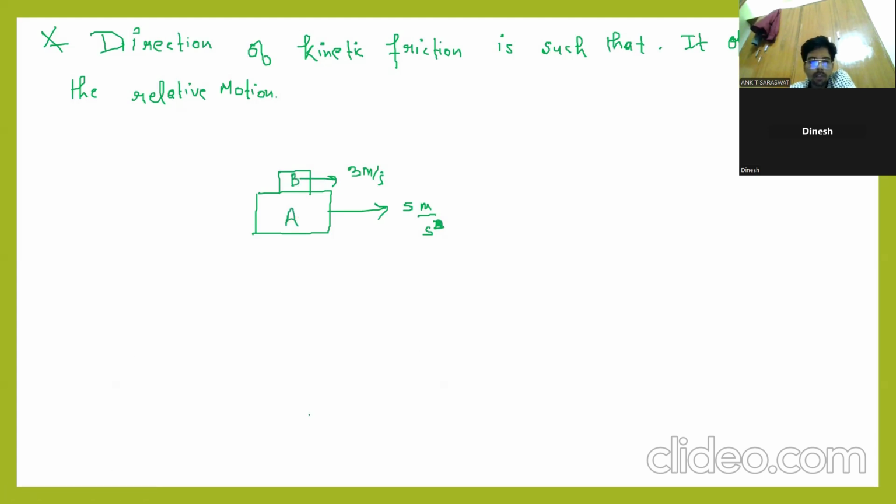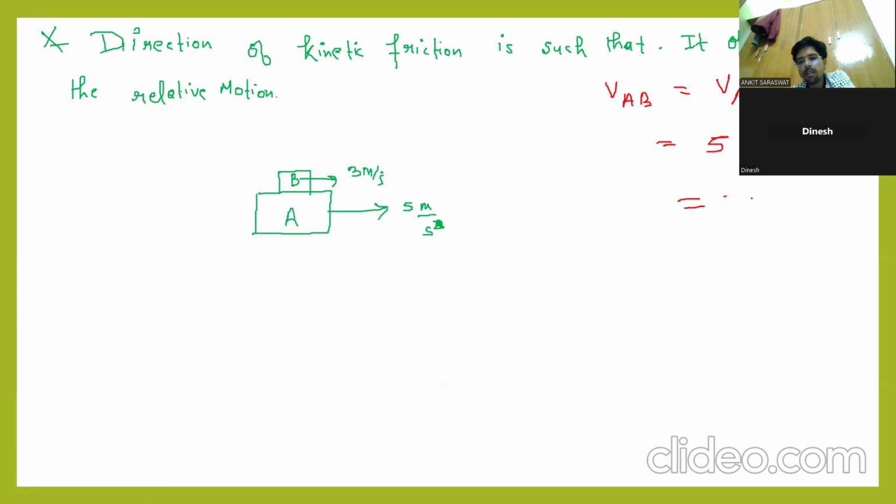Now if I ask you what is the relative velocity of A with respect to B? VA minus VB. Clear? Velocity of A as seen from the ground is 5. Velocity of B is 3.